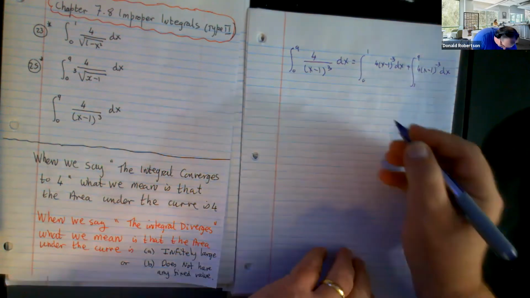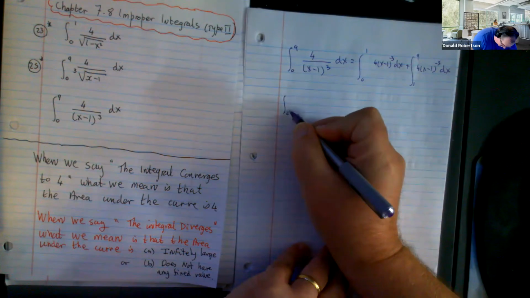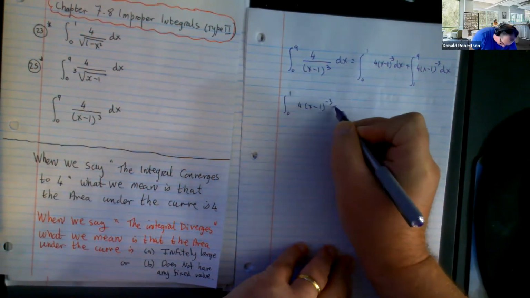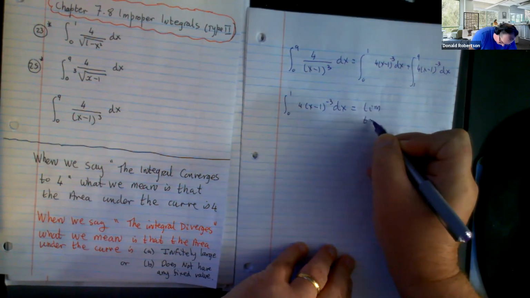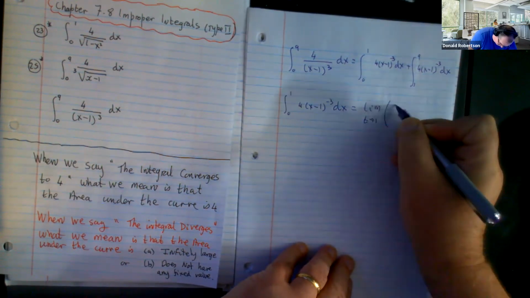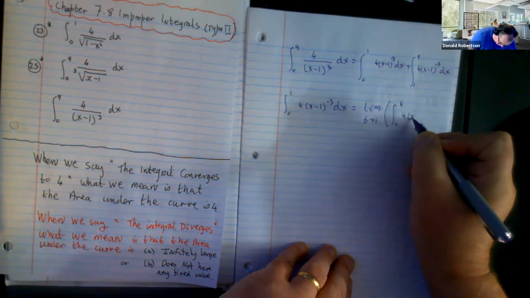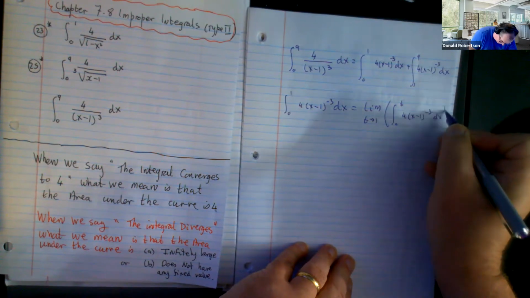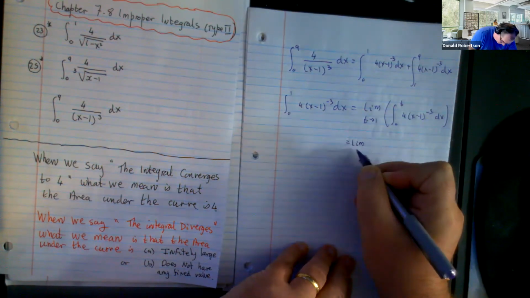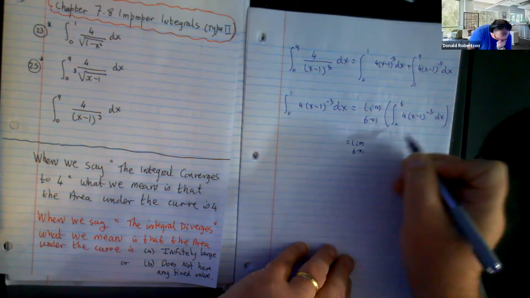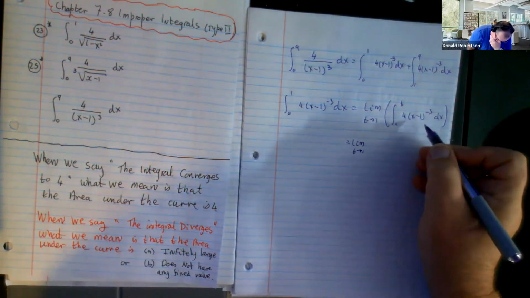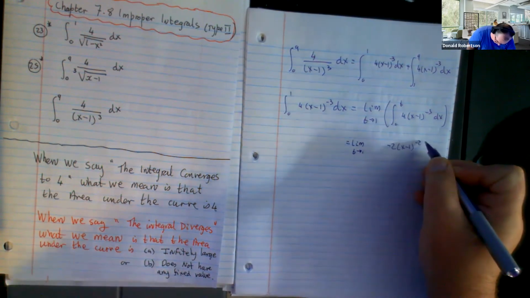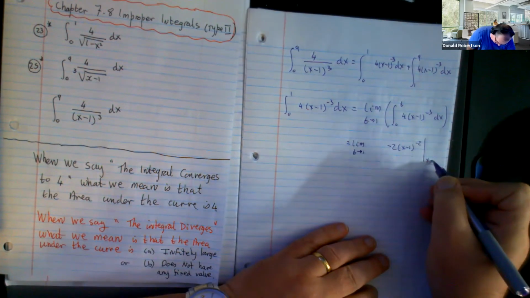And let's just find this fella. Well, he's going to be the limit as t tends to 1 of the integral from 0 to t of 4 lots of (x minus 1) to the power of -3. Okay, if you add 1 to the power, you get -2. You divide by that power, you get that fella, evaluated at 0 and at t.